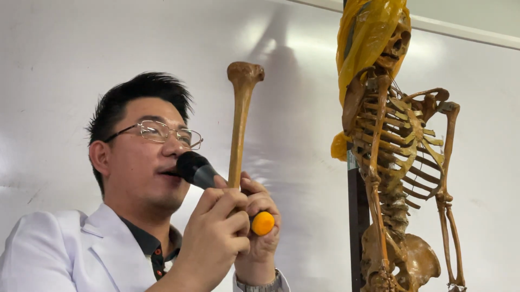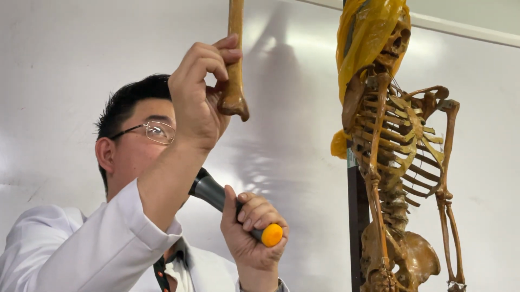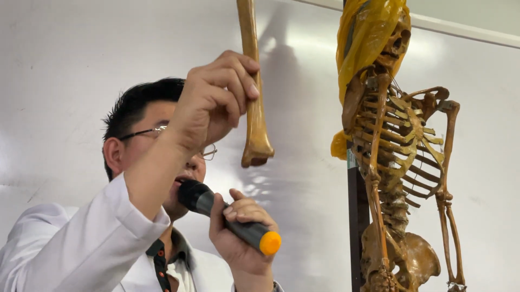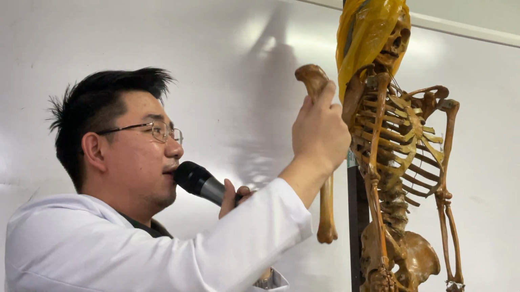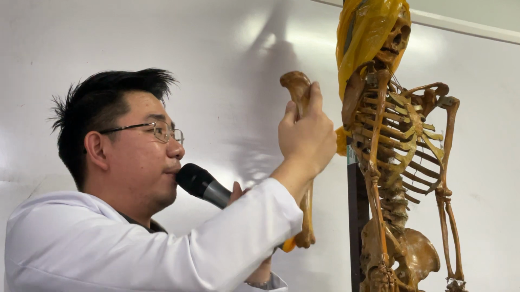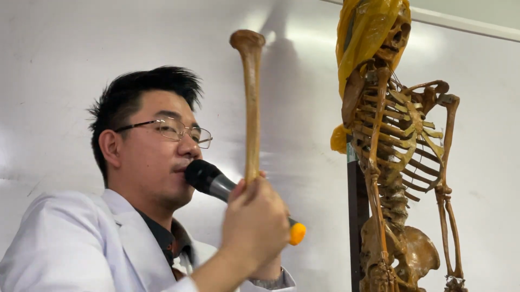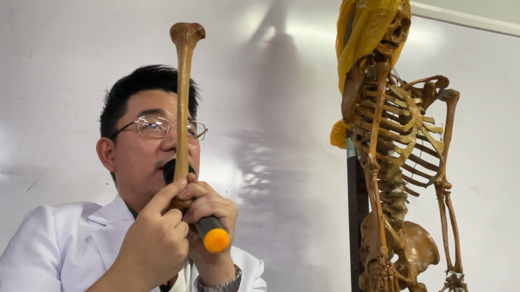Now, this is your anterior view, and this is your posterior view. The first thing you have to know is that if it is bulging at the top and then a straight line below, that is the anterior view.